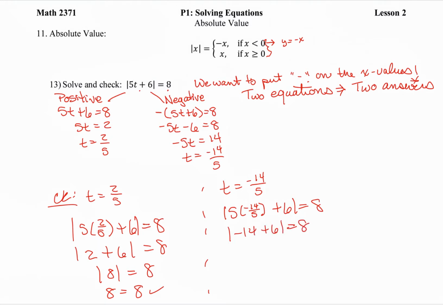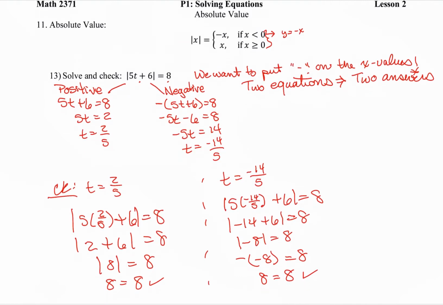So that's the absolute value of negative 8 equals 8. But negative 8 is less than 0, so this should be negative a negative 8, which is 8. So 8 equals 8. All right? So that's how you would work the absolute value.